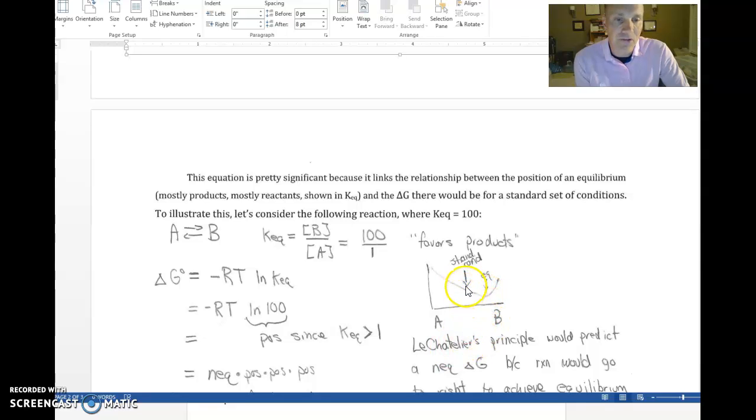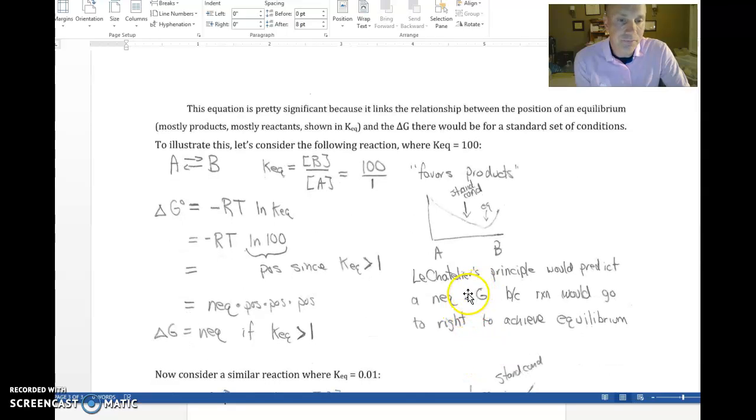And we learned before that whenever the driving force is for a reaction to go to the right as written, that corresponds to a negative delta G. So based on Le Chatelier's principle, our intuition is that if things were at standard conditions, at that position your delta G would be negative because it wants to go towards the right.